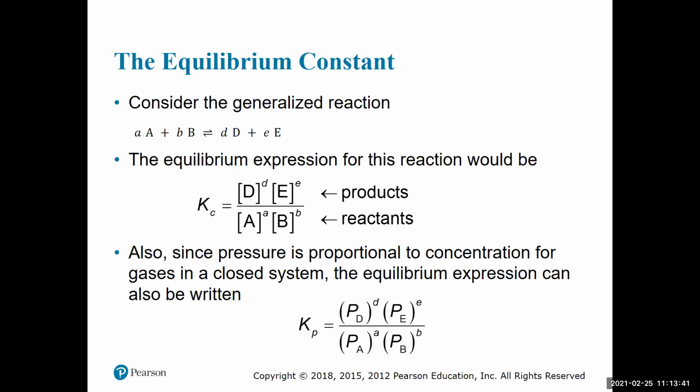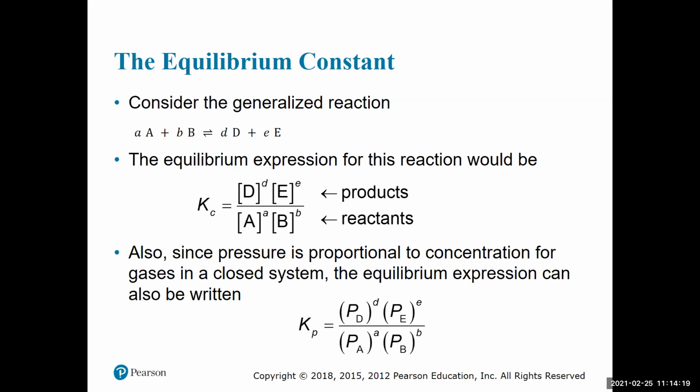And so using this example, concentration of D times concentration of E, those are the products, divided by concentration of A, divided by concentration of B, and those exponents that are with each of those, the lowercase a, b, d, e, come from our balanced equation, okay? So depending upon what the coefficients are in the balanced equation, that tells us to what power each of those concentrations need to be in order to calculate our equilibrium constant.